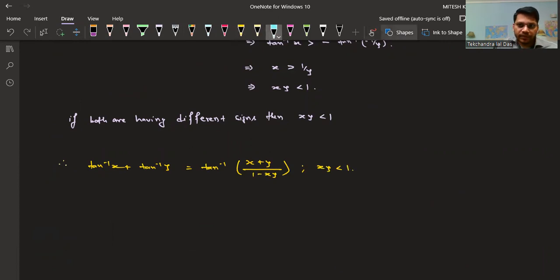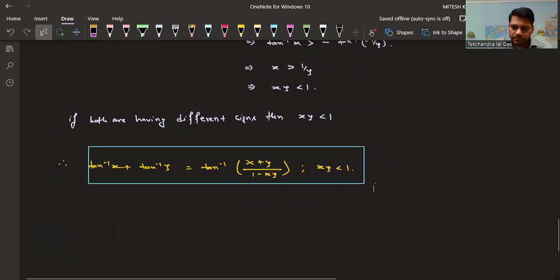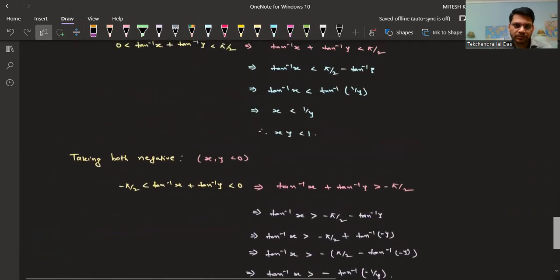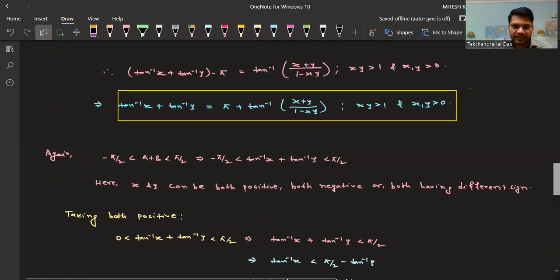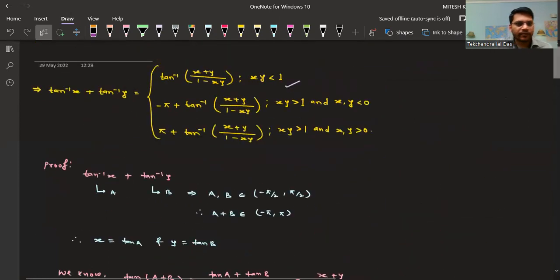That we have proved from here. So we have this branch also. If you combine all three branches, we can say tan inverse x plus tan inverse y is tan inverse of x plus y by 1 minus xy for xy less than 1; minus pi plus tan inverse of x plus y by 1 minus xy for xy greater than 1 and x, y less than 0; and pi plus tan inverse of x plus y by 1 minus xy for xy greater than 1 and x and y both positive.